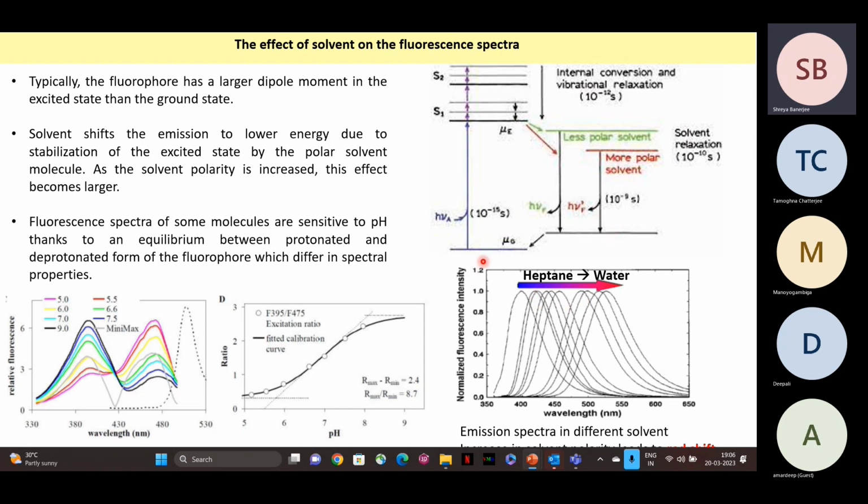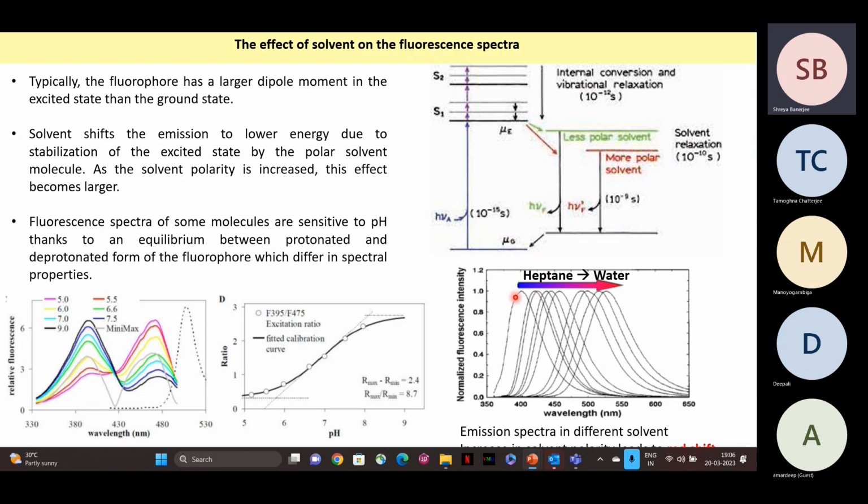The example is shown here, where this is a fluorescence spectra recorded in 100% heptane, and then the percentage of heptane is decreased to 90%, 80%, till it eventually becomes 100% water. So this is for a heptane water mixture from 100% heptane to 100% water.